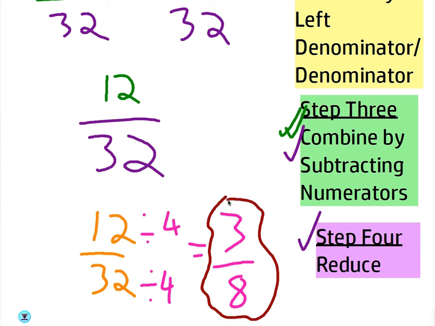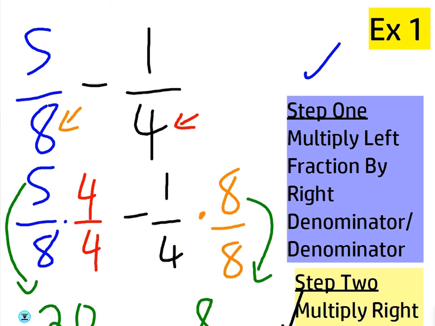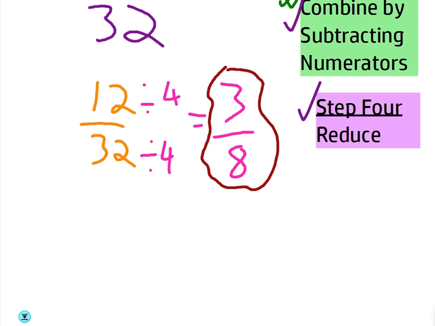Any questions on that? So that means that 5 over 8 minus 1/4 is equal to 3 over 8.